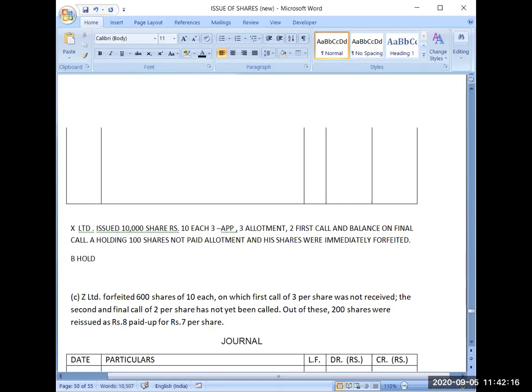B holding 200 shares, not paid allotment, first call, allotment, and first call.